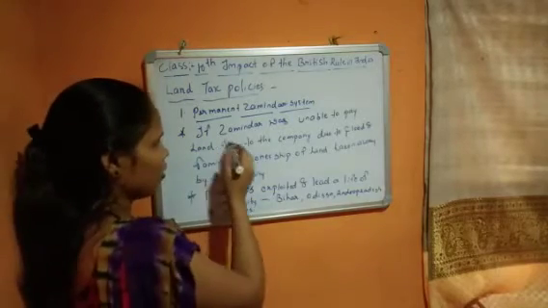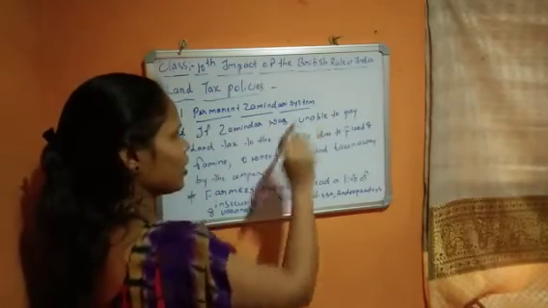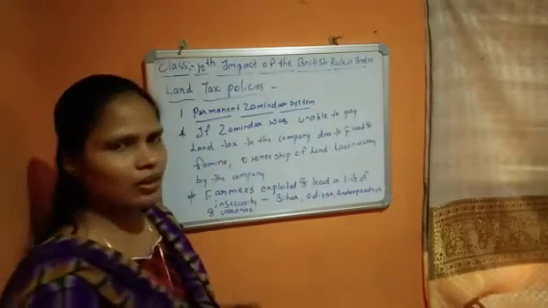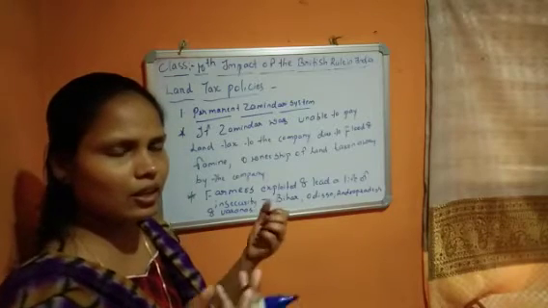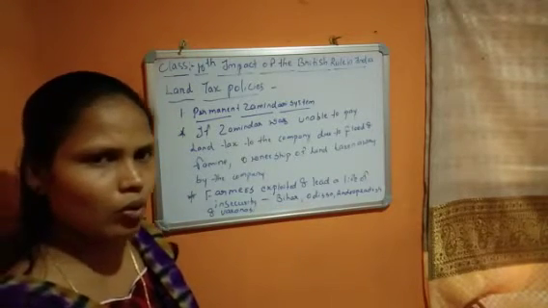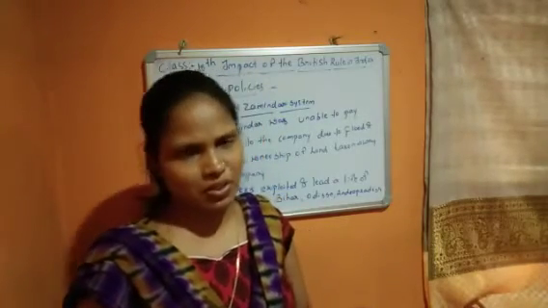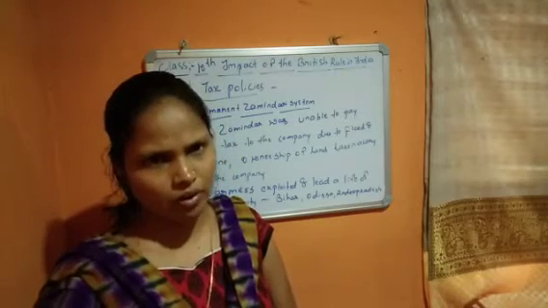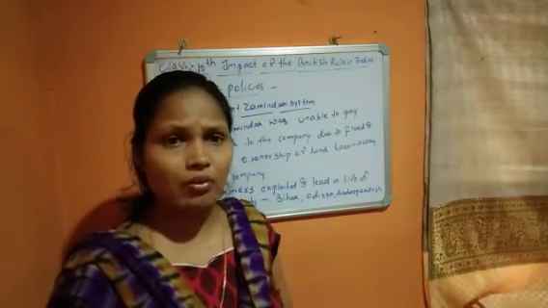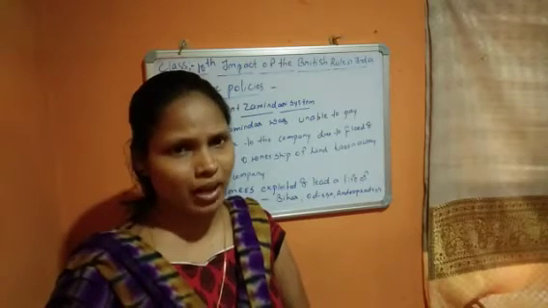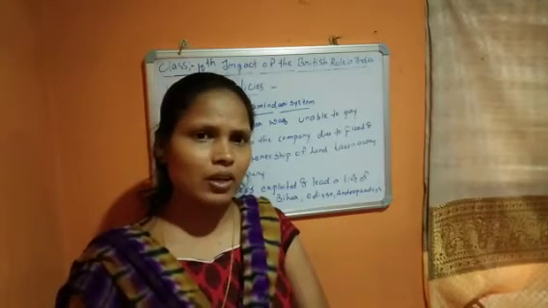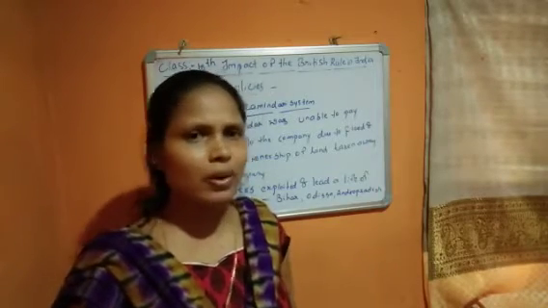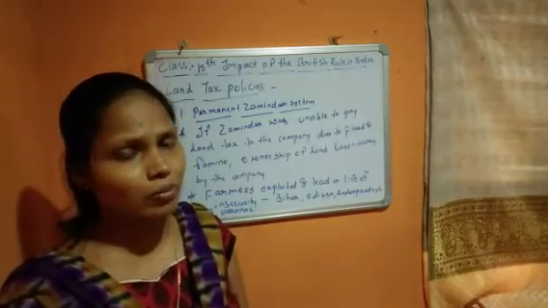If the zamindar was unable to pay land tax to the company due to flood and famine, then ownership of land was directly taken away by the company. Totally, from this system, both company and zamindars benefited a lot. The zamindar was free to collect any amount of tax from the farmers, and he kept the extra money with himself, so he became rich.